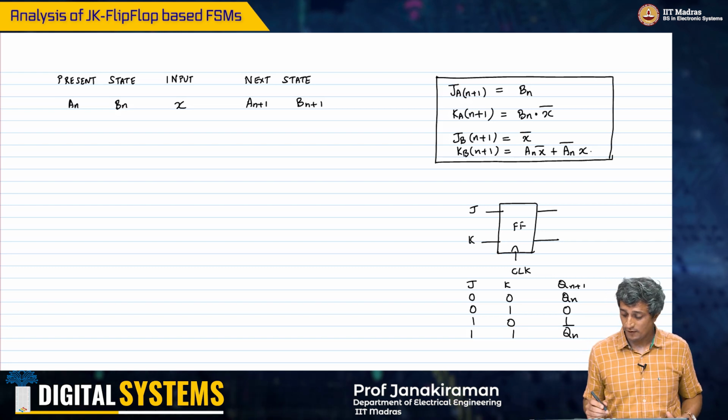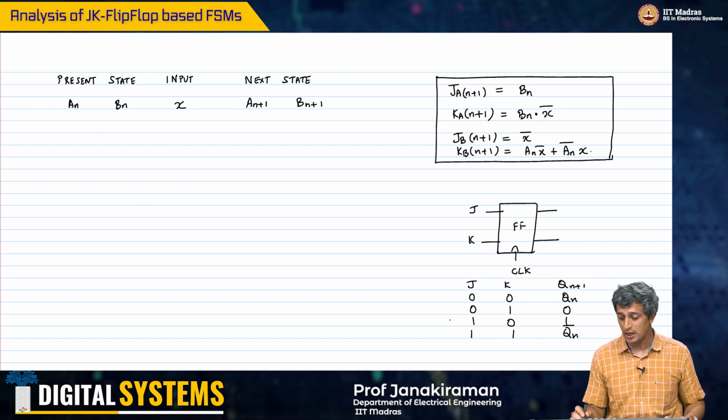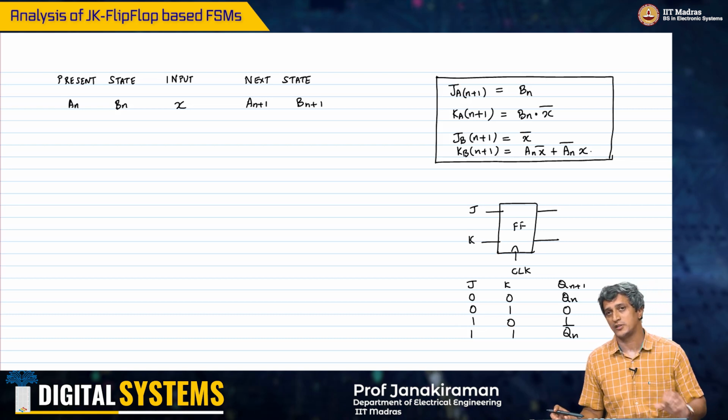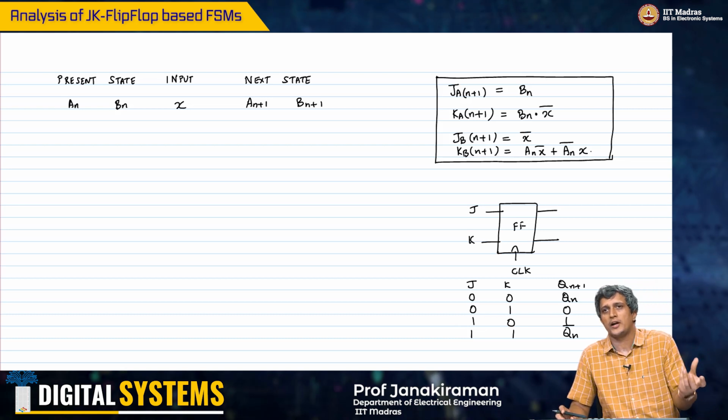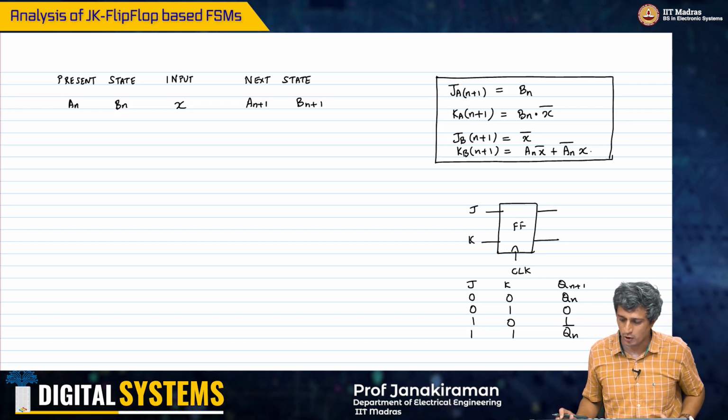In fact, the next state An plus 1 and Bn plus 1 can therefore be determined only through the characteristic table of the flip-flop that is being used. In the D flip-flop case, it was straightforward because you either set or reset the output, depending on the input.